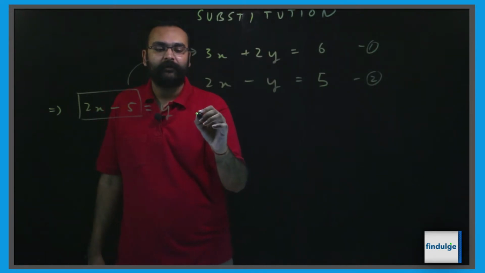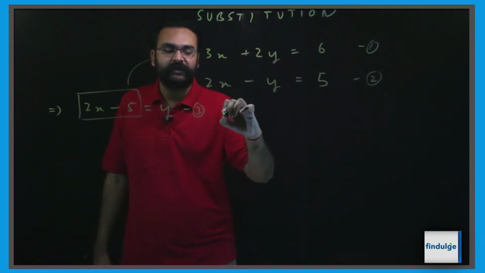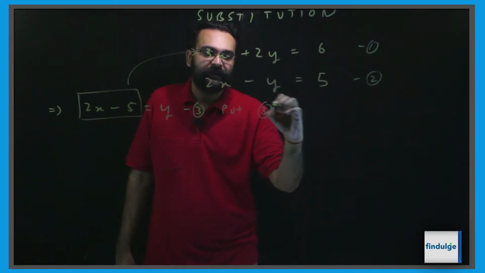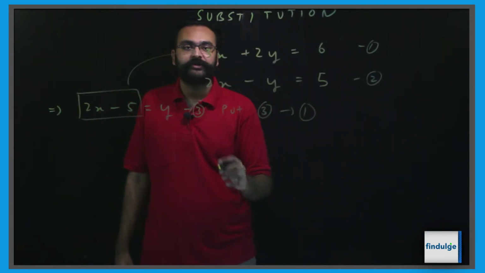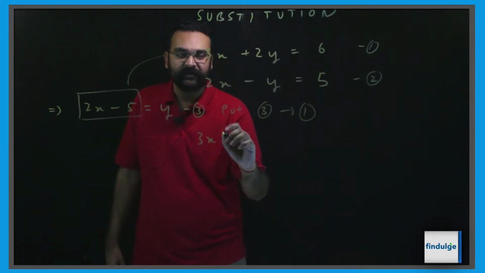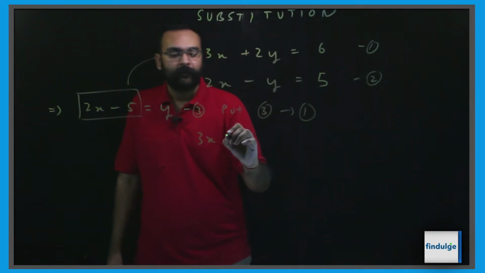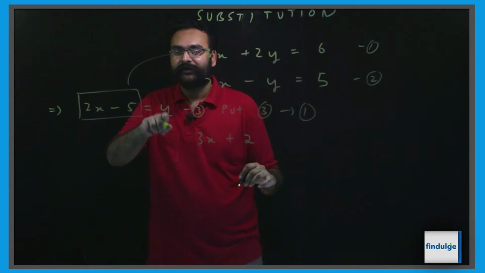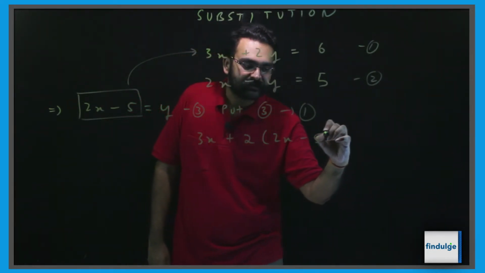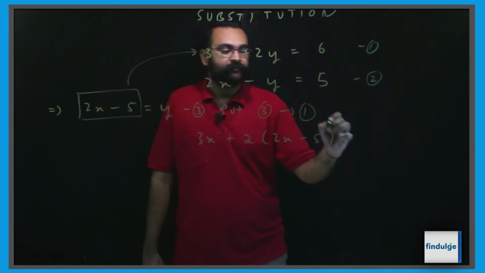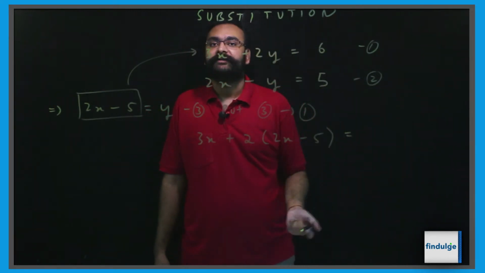So what will happen when we, if I call this 3, put 3 in 1, this is how we symbolize it. The equation will become 3x, because x is not changing, plus 2 times y, and y is itself 2x minus 5 is equal to 6.